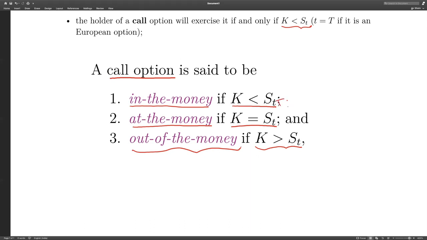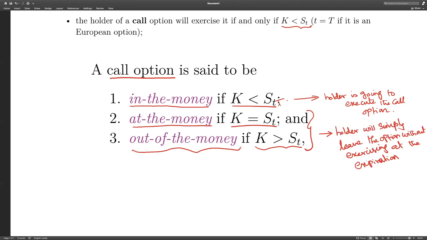When we decide to stick with a European option, at that time we always put S of capital T, because in a European option, the settlement happens only at the expiration time. Okay, so in the money means the holder is going to execute the call option. In the other two cases, the holder will simply leave the option without exercising at the expiration date, right?